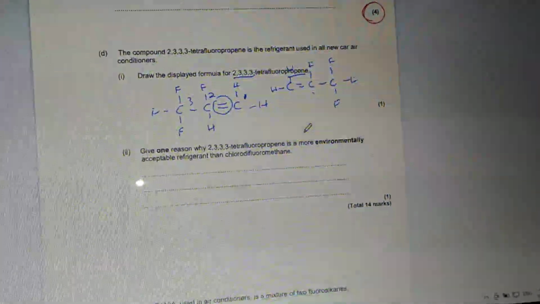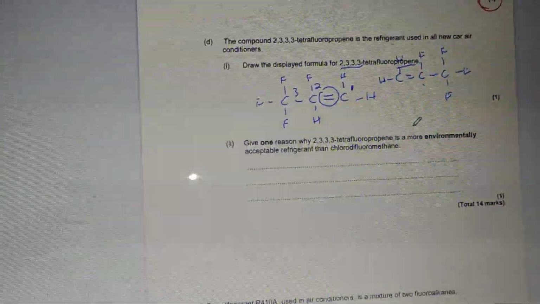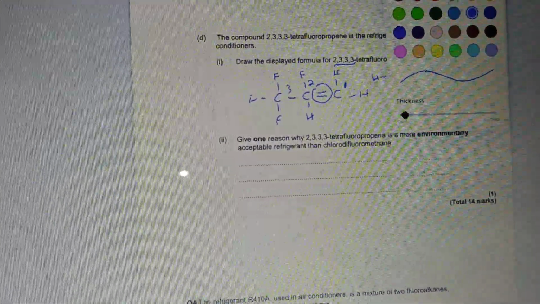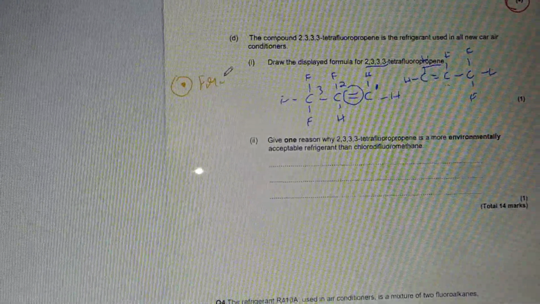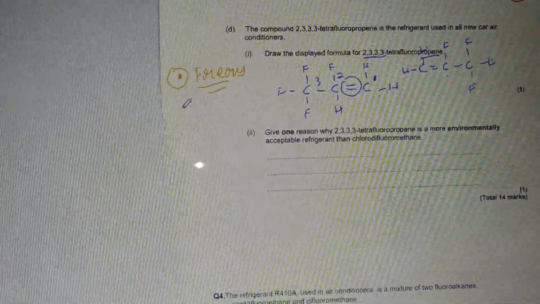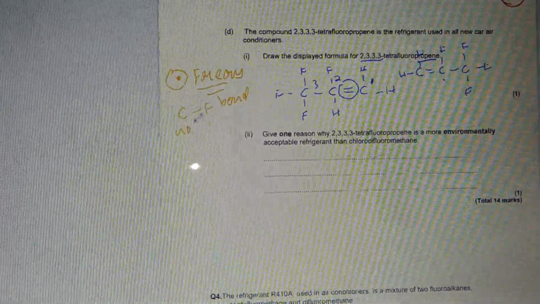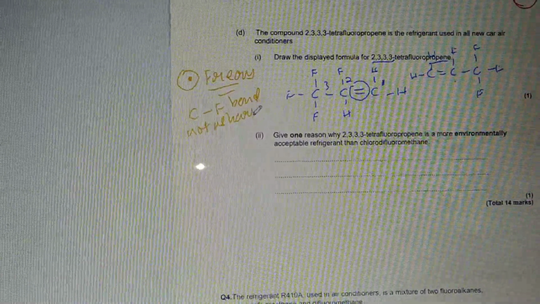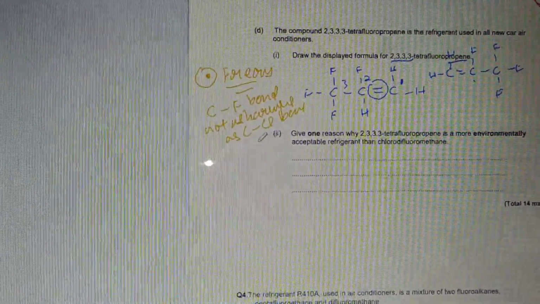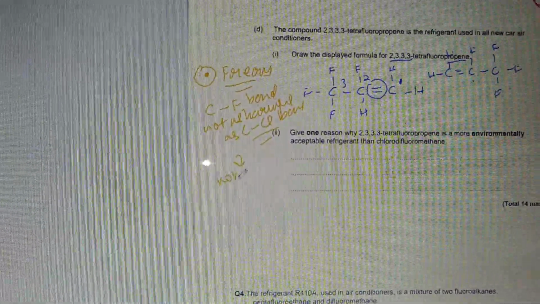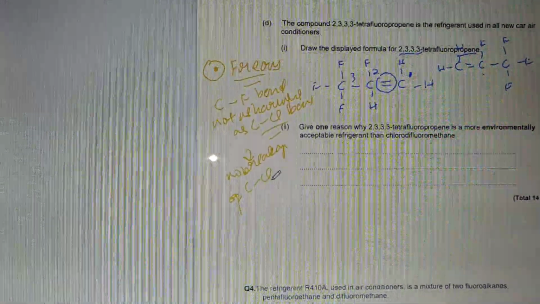This is a bit of an interesting one, because if you remember talking in the topic, to jog your memory, did you study about freons by any chance, on how they possess the C-F bond, which is not as harmful as the C-Cl bond, and there's no breakage of the C-Cl bond observed?